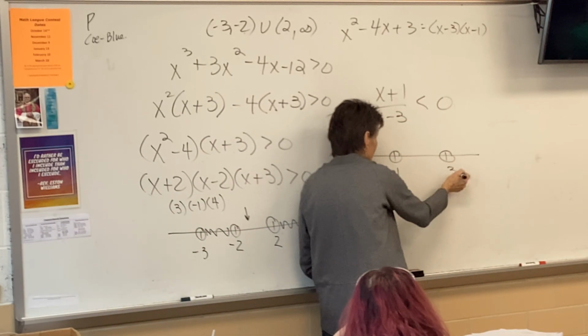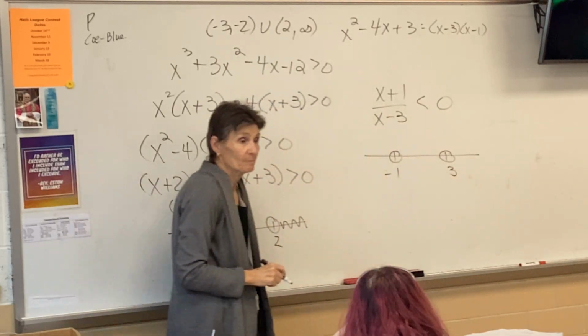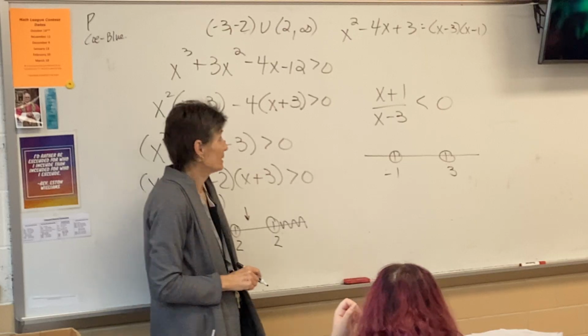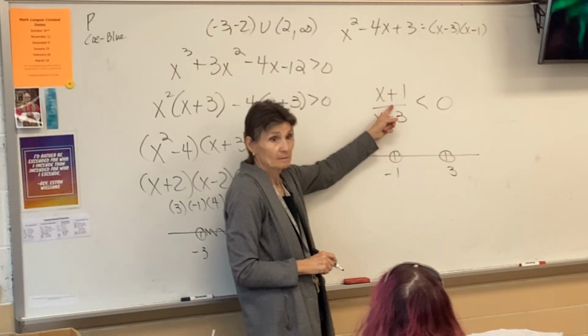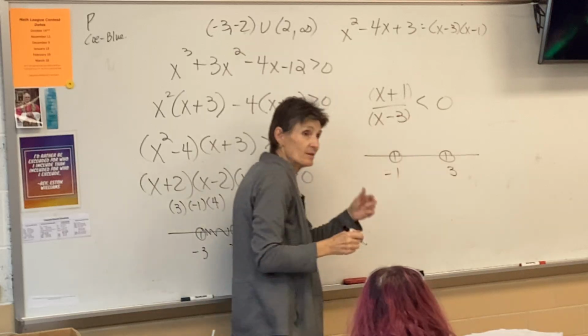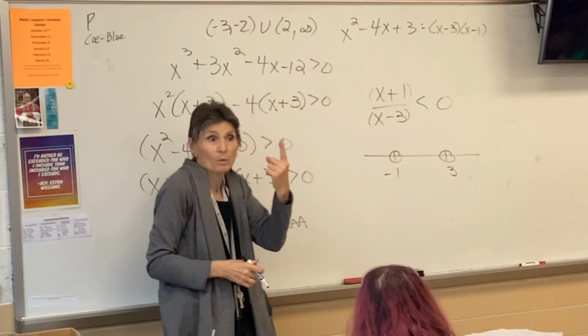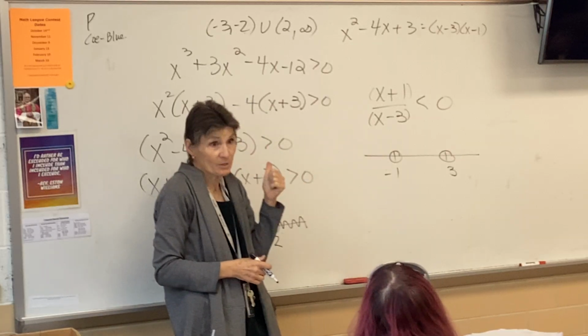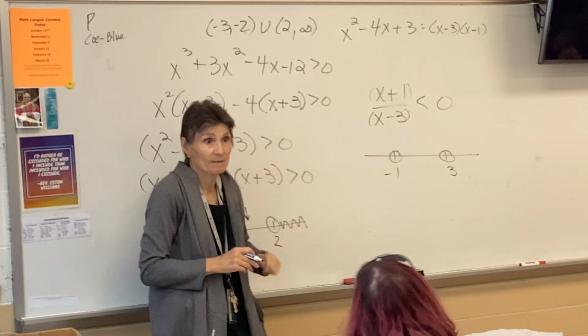Negative 1 and 3. Why is it opposite? It is opposite. No, I was asking why. Because these are like parentheses. We don't need parentheses, because there's only one thing on top and one thing on the bottom. But if there was something else in there, they'd have to be in parentheses.